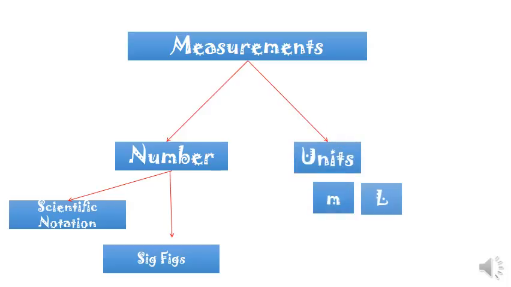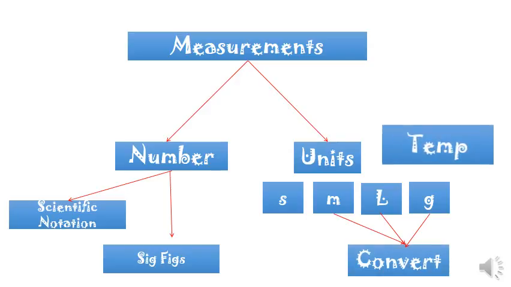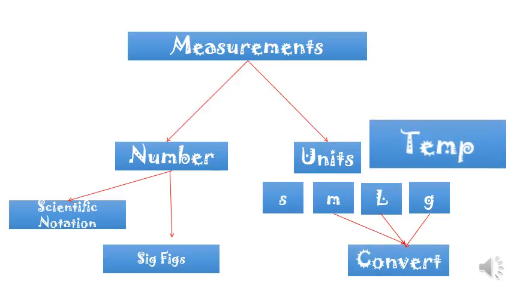From there, we discussed units, the main SI units that we use, and how to convert between those in the English system and within the English system and within the metric systems. And yeah, we just converted. This section, this video, talks only about temperature and how we convert from one temperature unit to another.